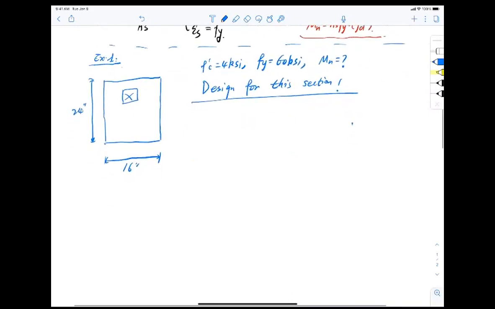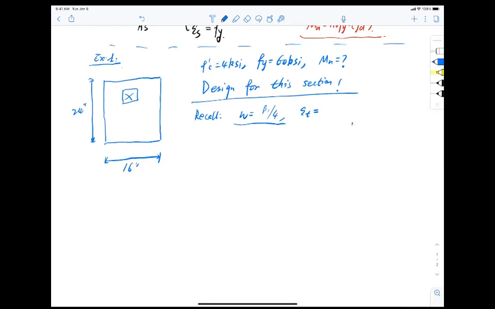Just like we did for a rectangular section, when we're not given the section size, we got this omega equal to beta 1 divided by 4, remember? So recall, omega equal to beta 1 divided by 4. But that was made under the assumption that epsilon t equal to what?